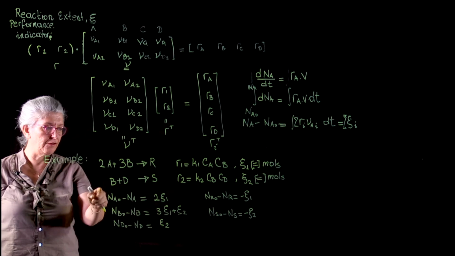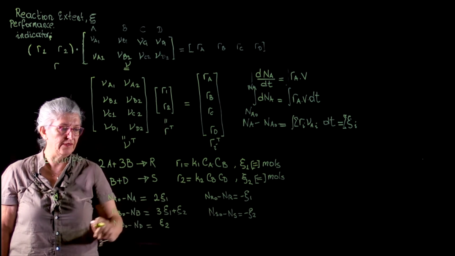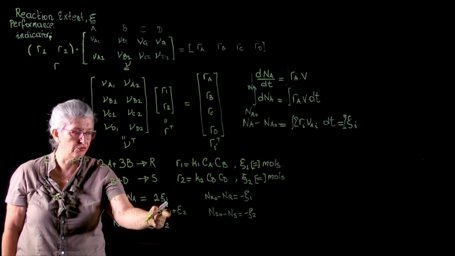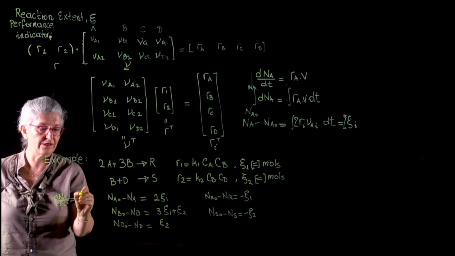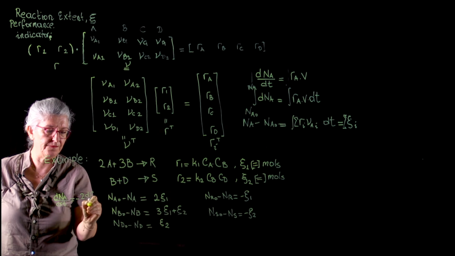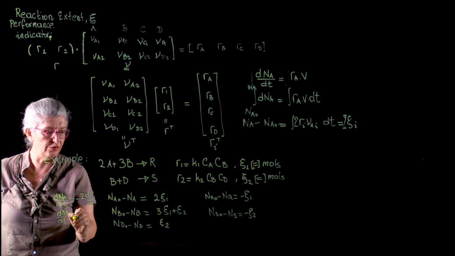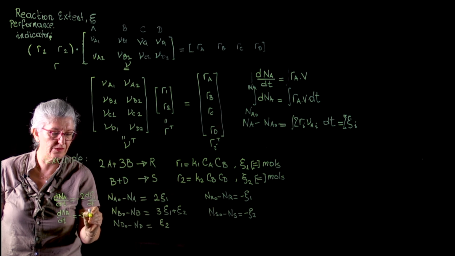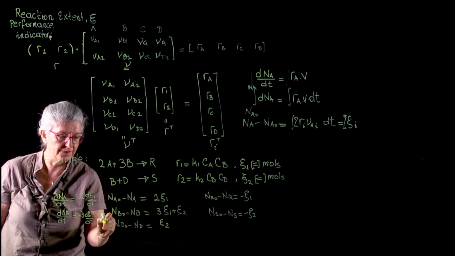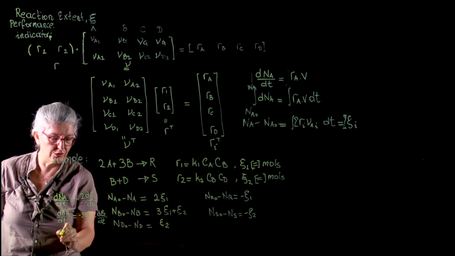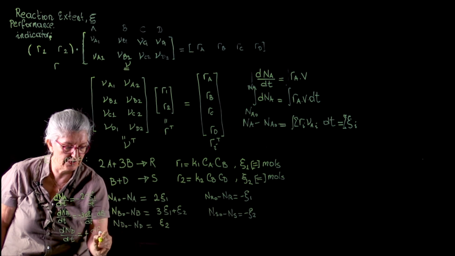Now let's take the derivative of each and every one of those to express all of the species number of moles in terms of only two parameters. dNA over dt will be equal to minus 2 d Xi1 over dt. dNB over dt will be equal to minus 3 d Xi1 over dt minus d Xi2 over dt. dND over dt will be minus d Xi2 over dt.